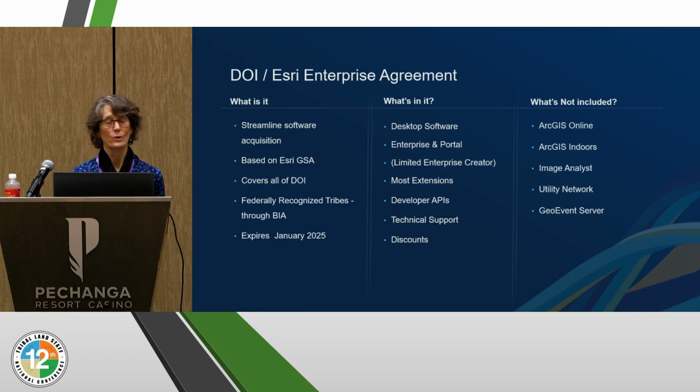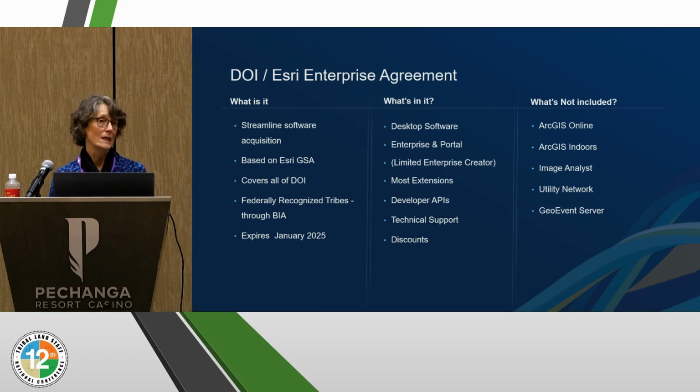What's not included in it? Things like ArcGIS Online. And while ArcGIS Online is not included in it, tribes get a really good deal when purchasing ArcGIS Online. There are also other ways to use ArcGIS Online at no cost to kind of get your feet wet. The Tribal GIS group has a no-cost entry into ArcGIS Online if you're interested.